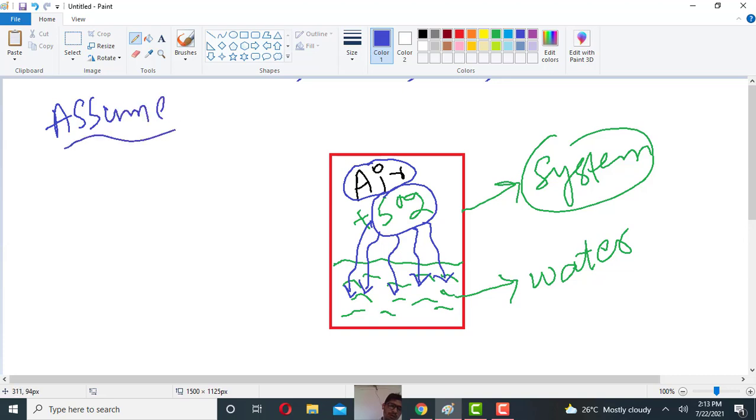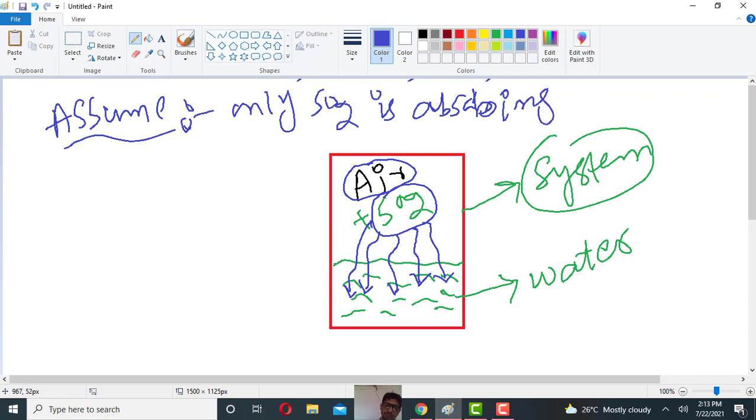Actually air is also absorbing in the water, but we assume that sulfur dioxide is absorbing in liquid water. So what will be the degree of freedom for this system?